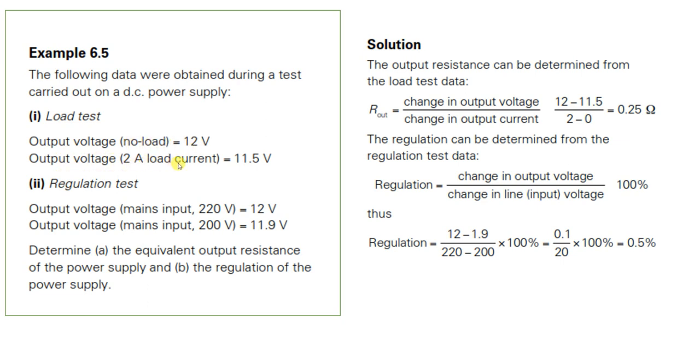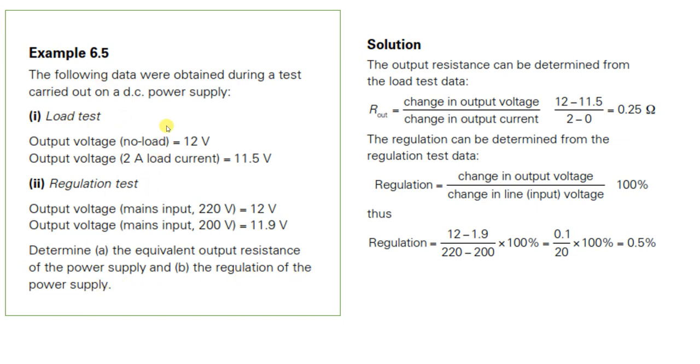Output voltage with a load current of 2 amps is 11.5 volts. In the regulation test, output voltage is 12 volts when the mains input is 220, and it is 11.9 when the input is 200. Determine the equivalent output resistance and regulation of the power supply.